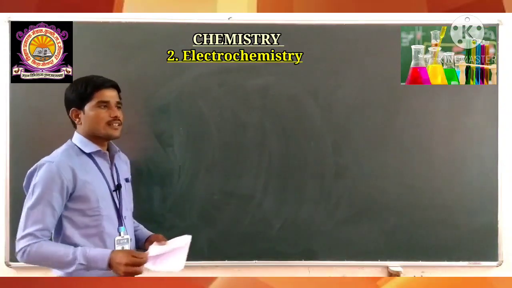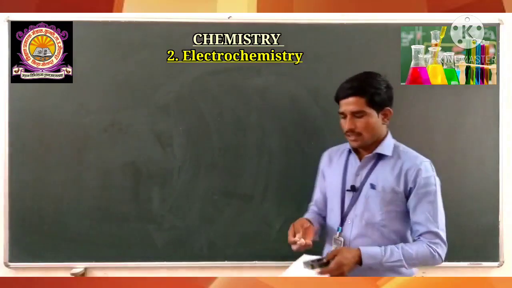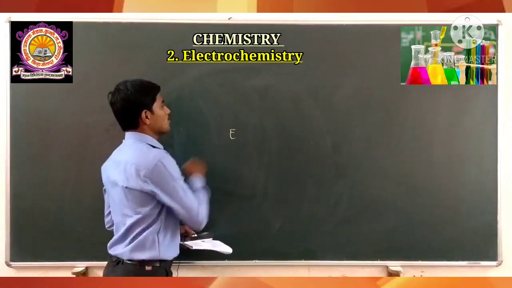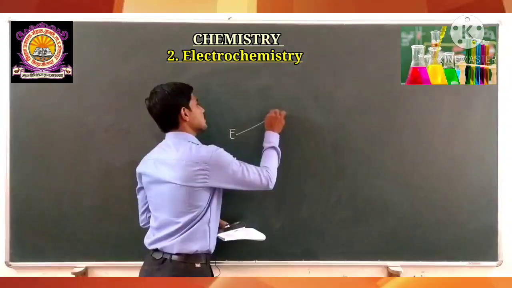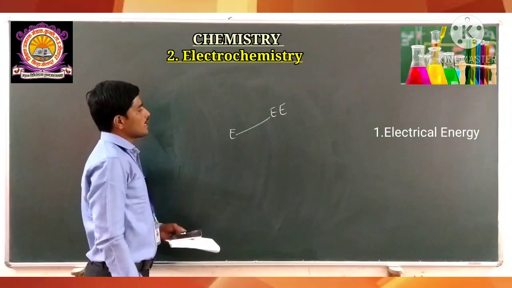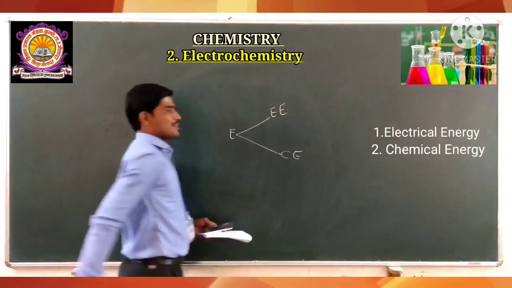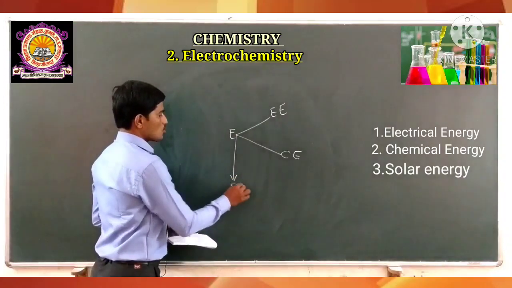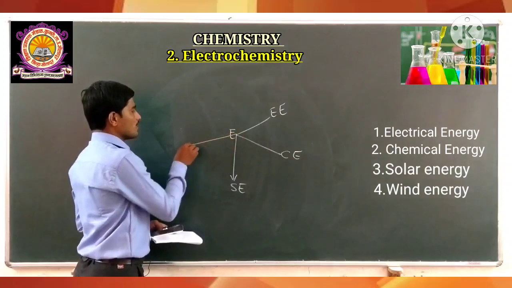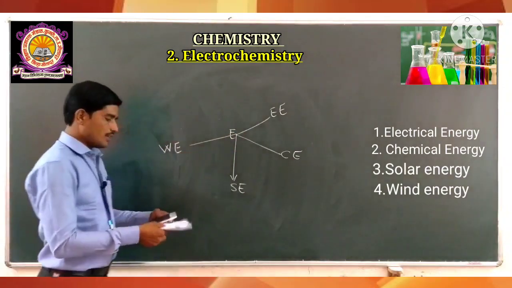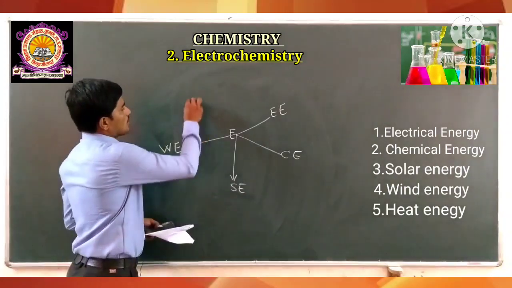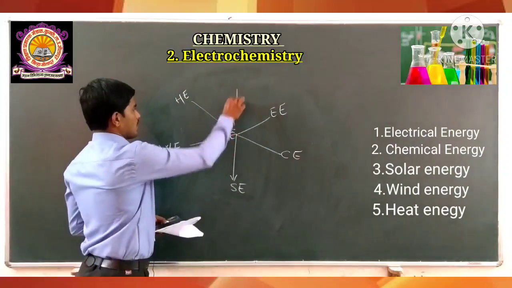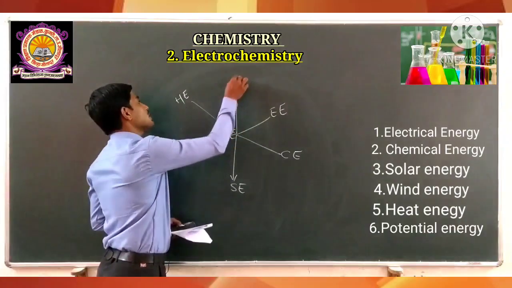We know that energy is divided into different types. What are these types? One is electrical energy, another is chemical energy, another is solar energy, another is wind energy, and again heat energy and potential energy.